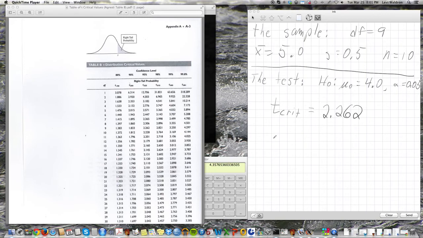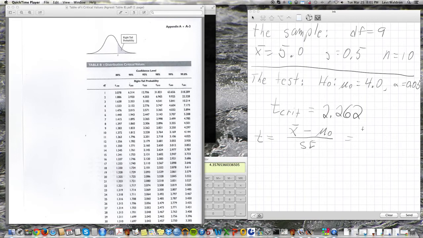But if we're doing it as a t-test, what we do is calculate our value of t, which is x bar minus mu0 over the standard error.